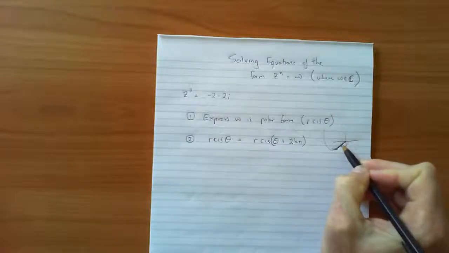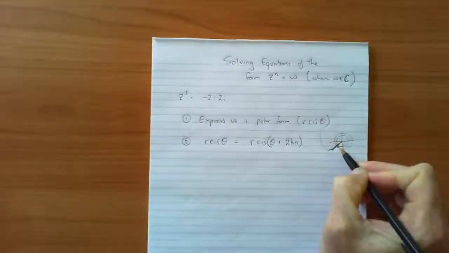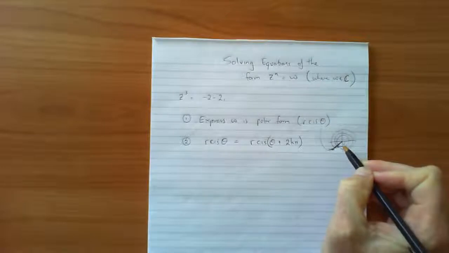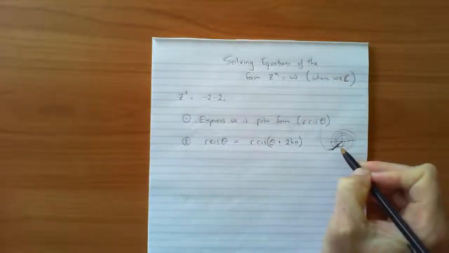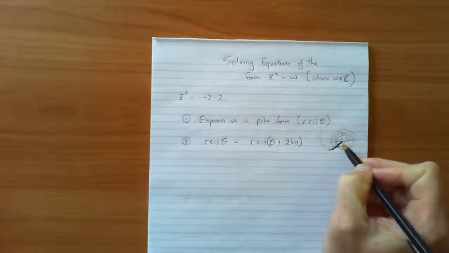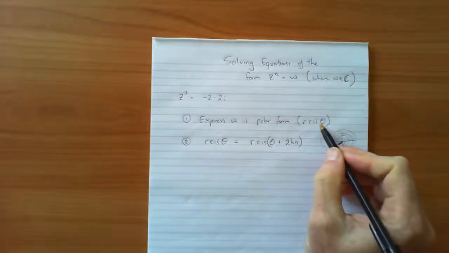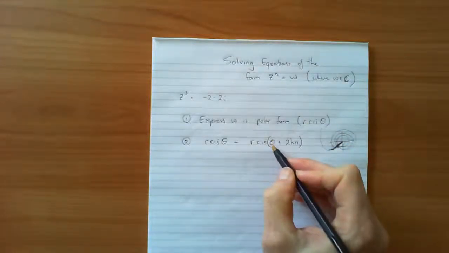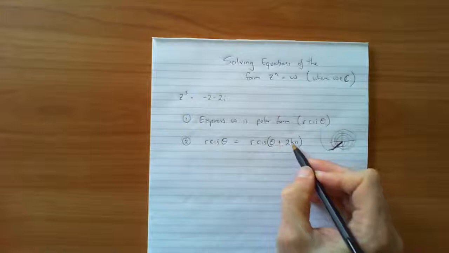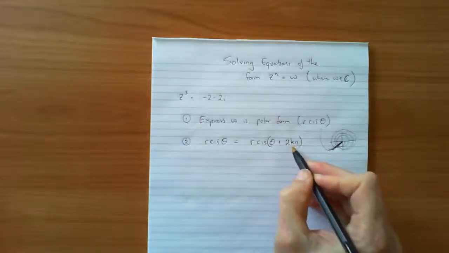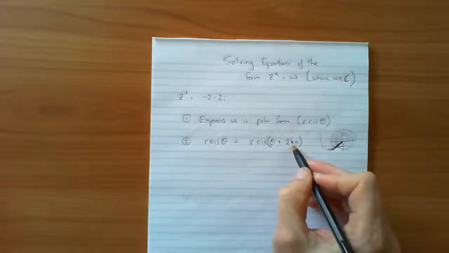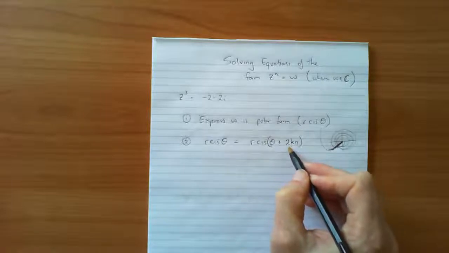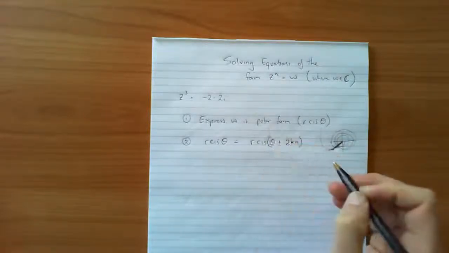to get to the same place, this r cis theta might actually be this complex number here, but if I add any multiple of 2 pi, in other words any full circle, I'll come back to the same point. So r cis theta could be the same as r cis (theta plus k lots of 2 pi). We just wrote it as 2k pi, but it's really any multiple of 2 pi.